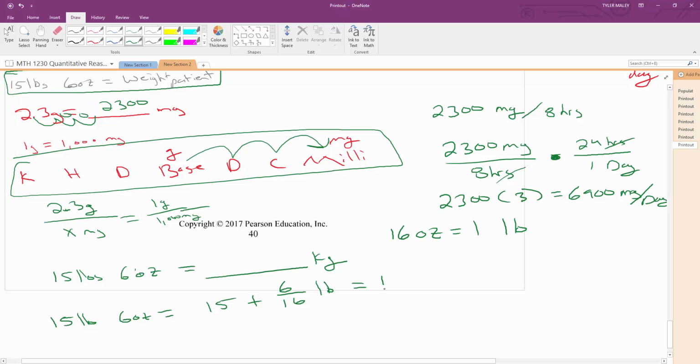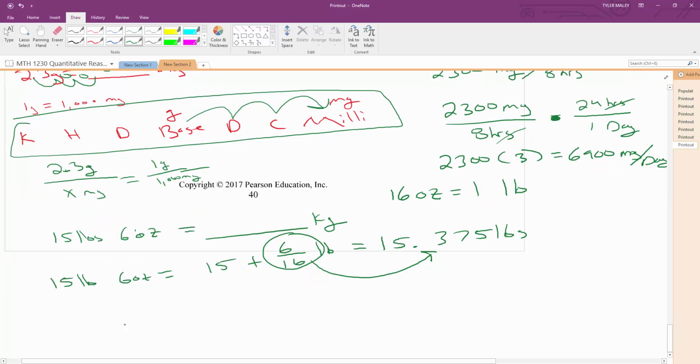So this is 15.375 pounds in decimal form, which makes our calculation easier. So the new question becomes: 15.375 pounds equals how many kilograms?